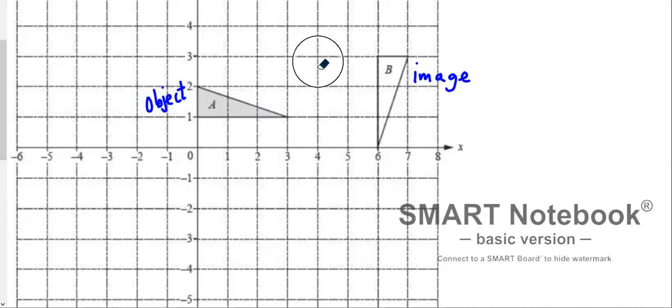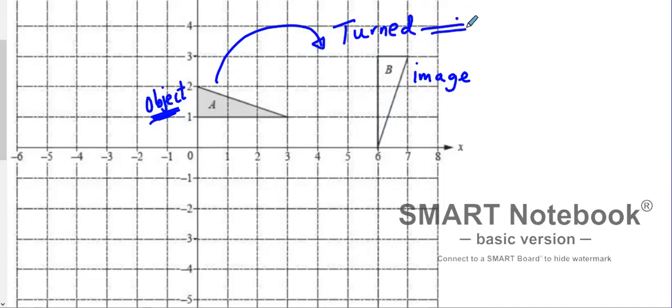But as can be seen here, clearly, this shows that shape A, which is the object, has been turned to triangle B, and turning means rotation.